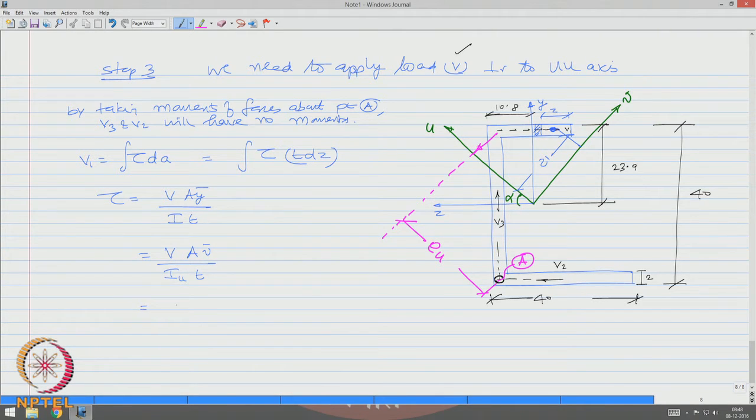So, V1 will be V by I_u integral A V bar by t into t dz, which will be V by I_u integral z t into V bar dz.